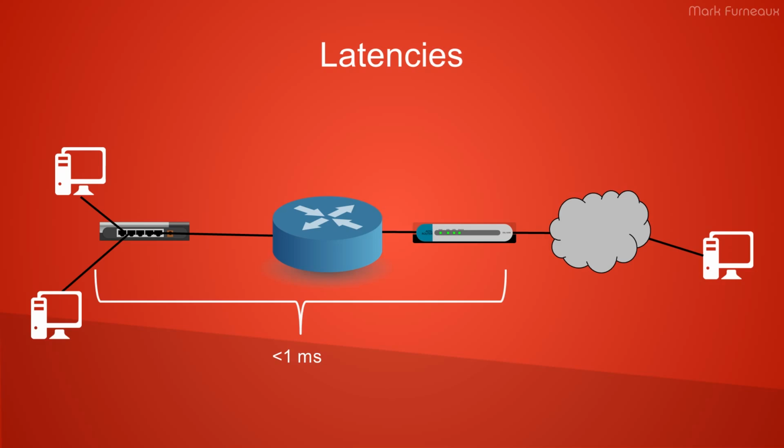But on the other hand, to go from the modem out into the internet to a DNS server, even one that's close to you, depending on where you live and what servers are close to you, that can be anywhere from 10, 20, all the way up to 400, 500 milliseconds or so. So we're talking two or more orders of magnitude difference in the round trip time between these two paths.